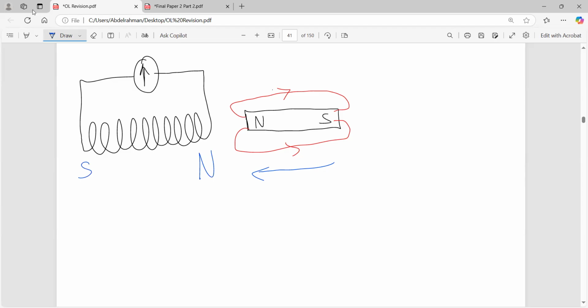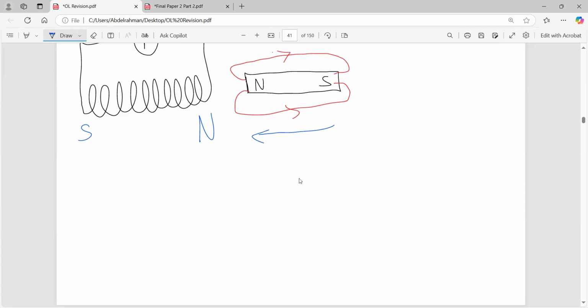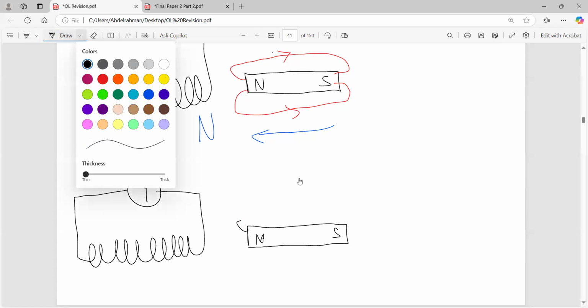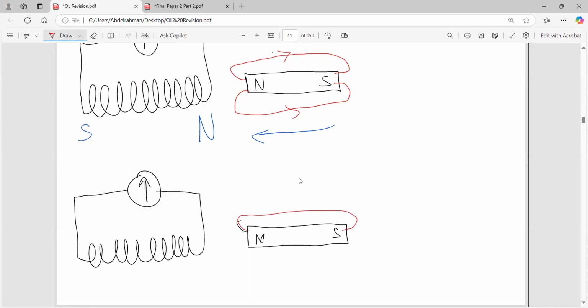Why? Let's draw another one, and I'll tell you why. Don't worry. If I have an ammeter and the coil, and then you have a magnet with the North Pole and the South Pole, and the magnetic field around the magnet, but this time the motion of this magnet was towards the right.